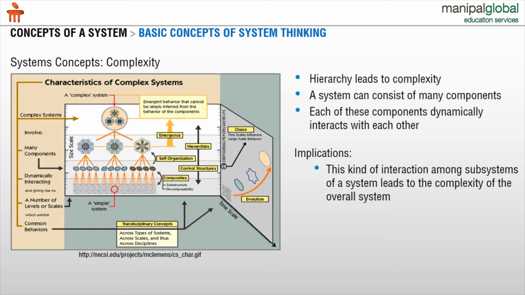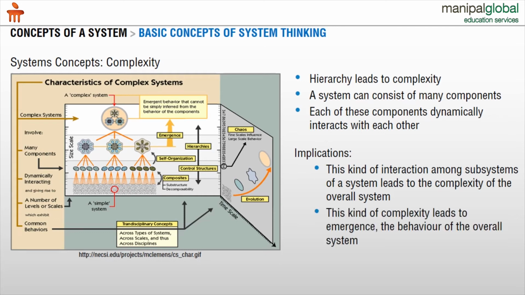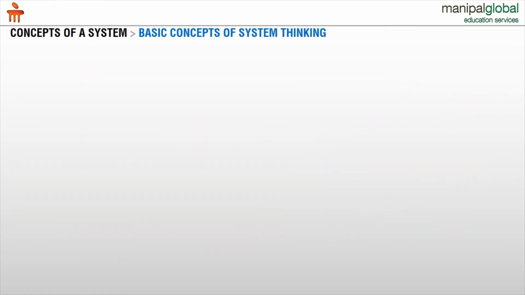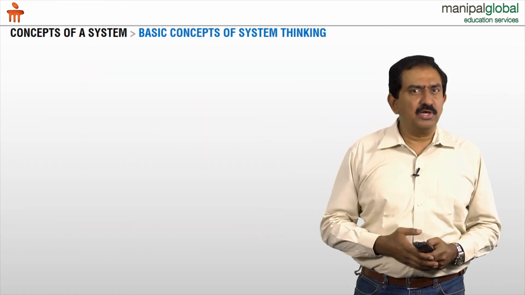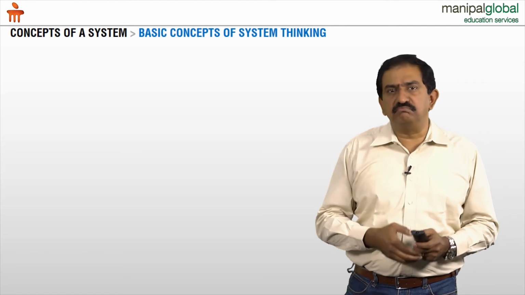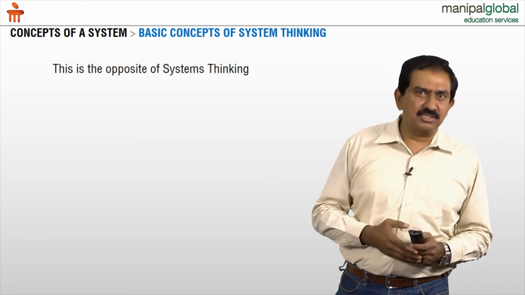This kind of interaction amongst subsystems of a system leads to the complexity of the overall system. But the positive side of this kind of complexity in turn leads to what is called emergence, the behavior of the overall system. I'd like to close this video by giving you an example of what is not systems thinking.